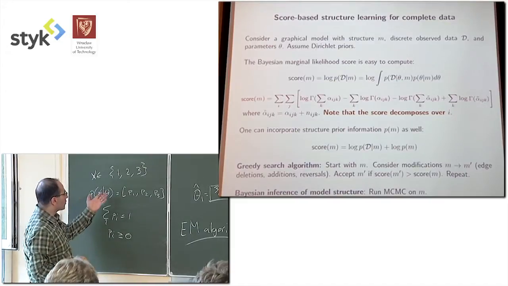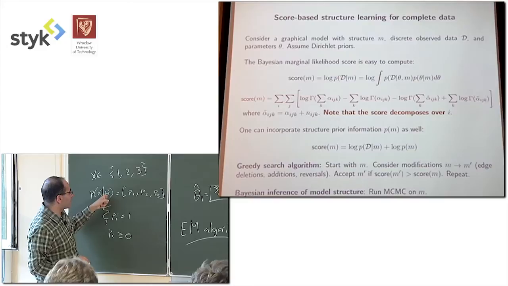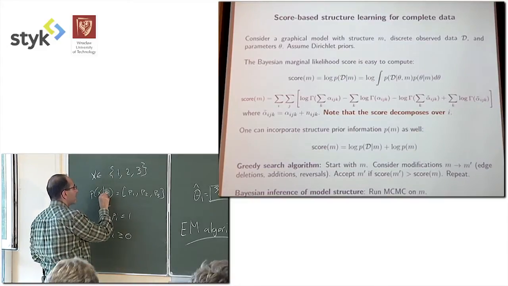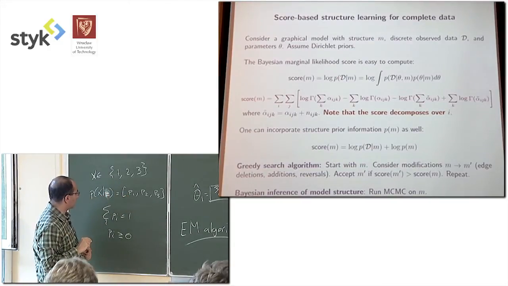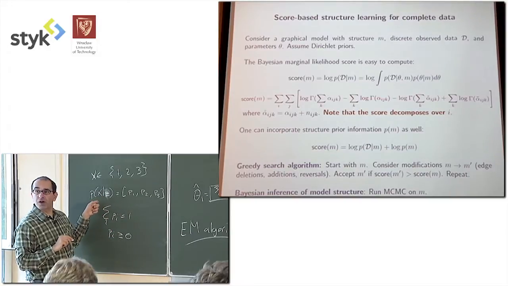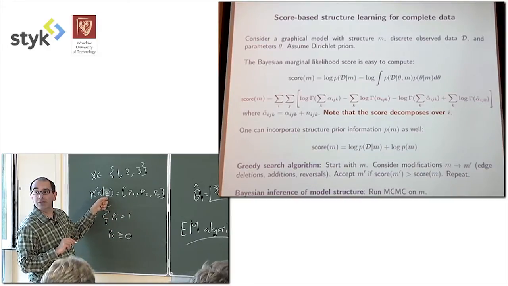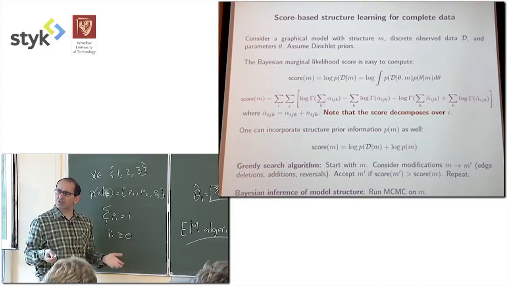In fact, we could simply call the parameter here P, this vector P. So now, this is the likelihood function. We want to put a prior on P. What is that? It sounds weird. It's a prior on distributions.